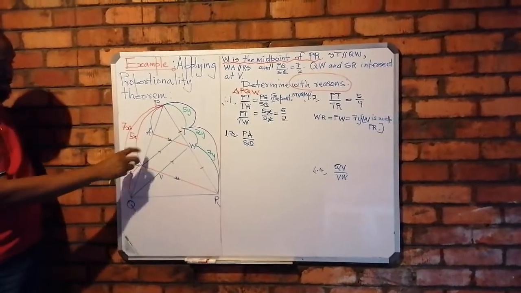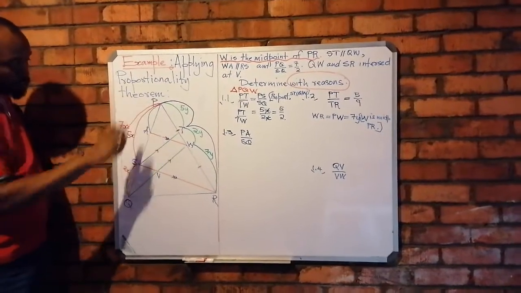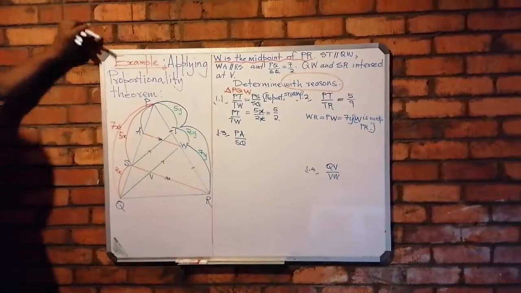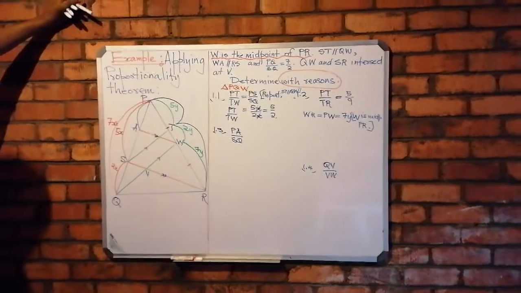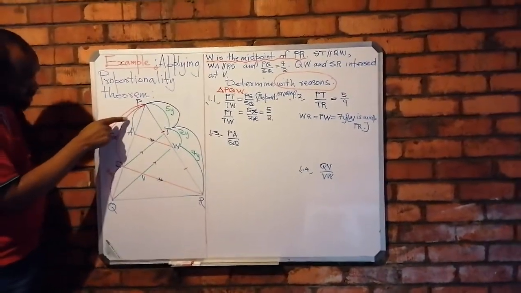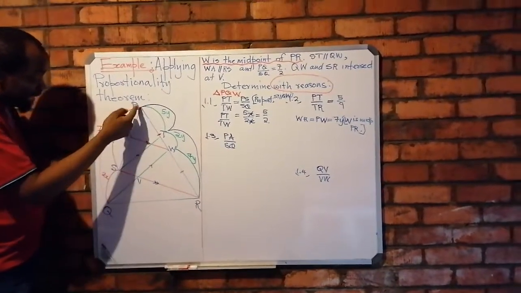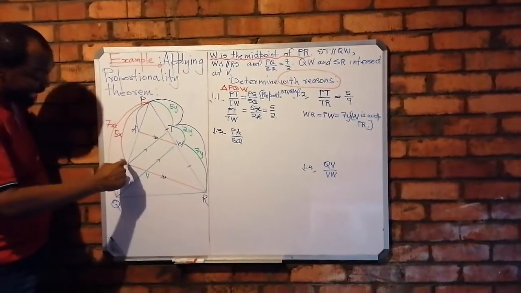Now, do you see that here? There's a gap there from what we want. What am I going to do? I'm going to try and find PA because I don't know PA. Remember, I know PS.